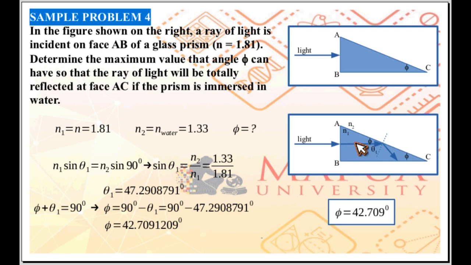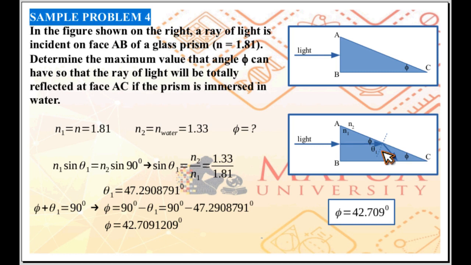The light ray will continue moving inside the prism and eventually encounter side AC, and according to the problem, the light ray will totally reflect at side AC. So you have reflection of light at this side. You have total internal reflection.